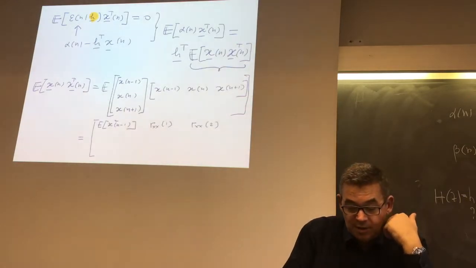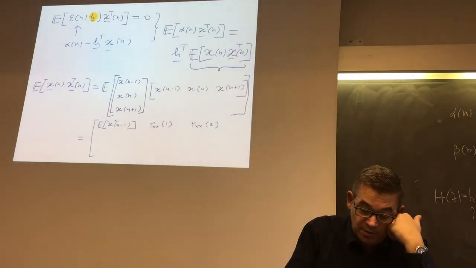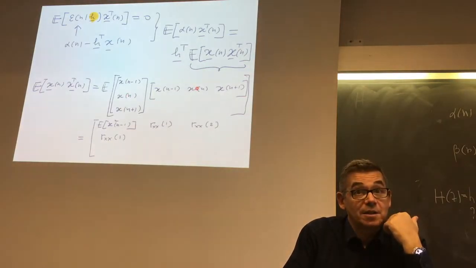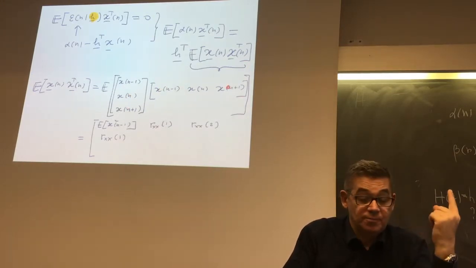Then what is the second row? It is xn minus 1, so it's the autocorrelation calculated in 1. Then the other, xn, is the power of x. Then the third one is xn plus 1, so it's the autocorrelation calculated in 1.